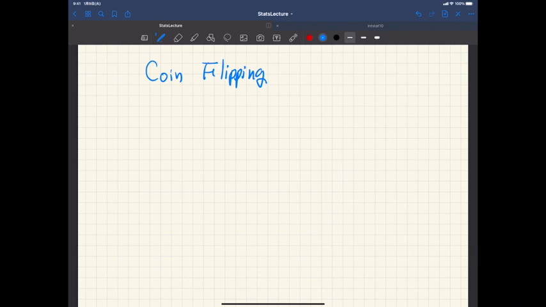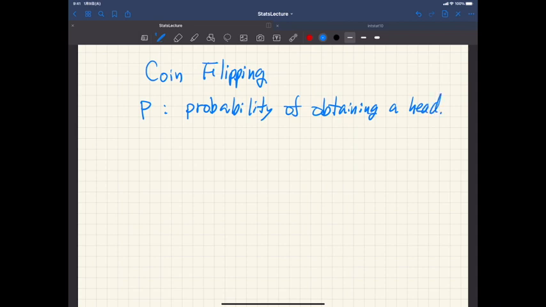Let's consider the problem of coin flipping again. What we want to estimate is the probability of obtaining a head of a coin. This is a random variable that can take values between 0 and 1.